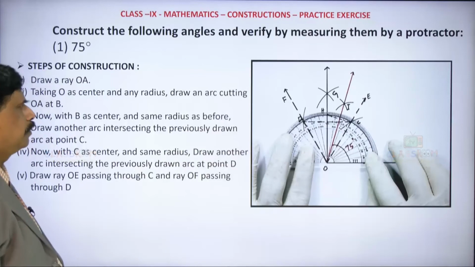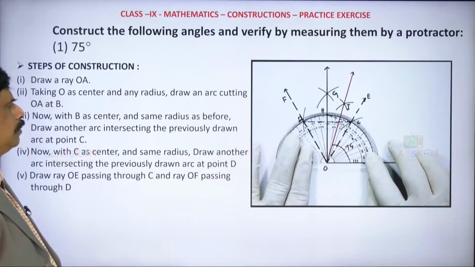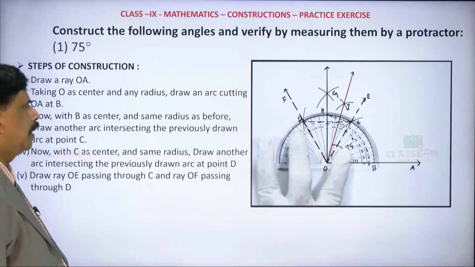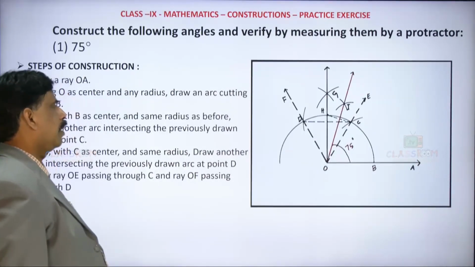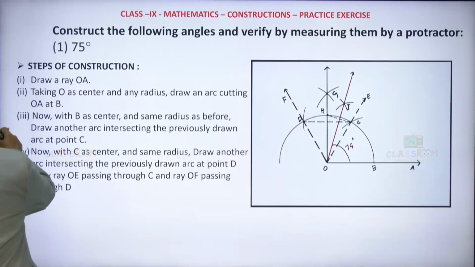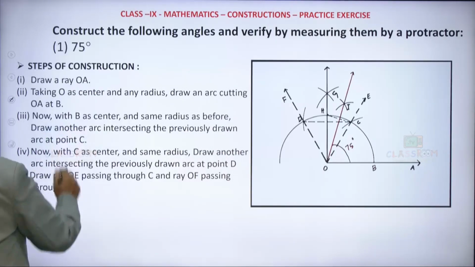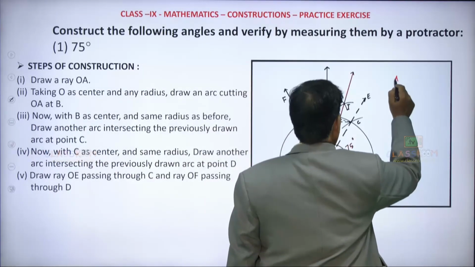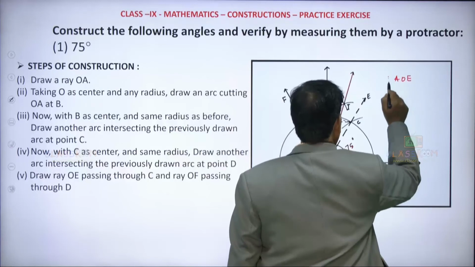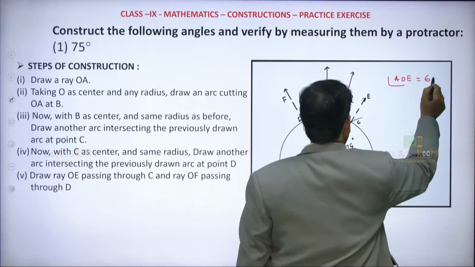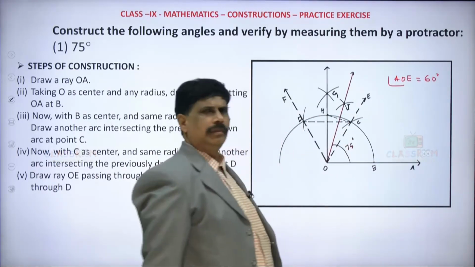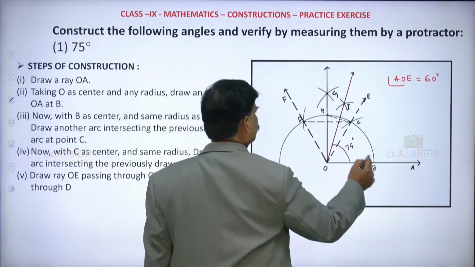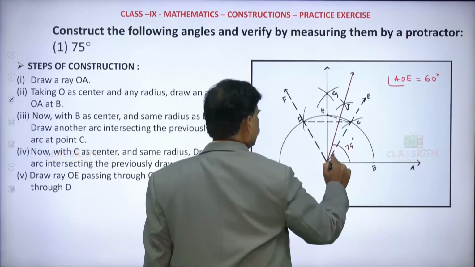Is it clear? 75, exactly. Here, if you can observe, we got angle AOE. This is 60 degrees. Clear? AOE means this portion.